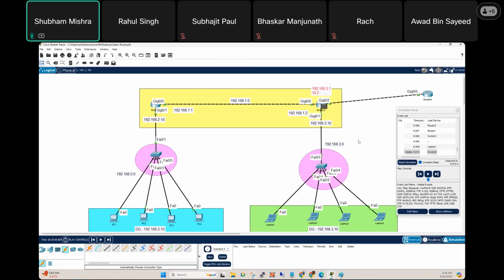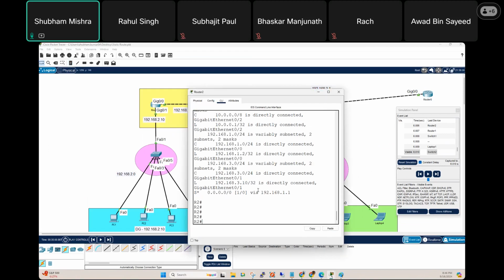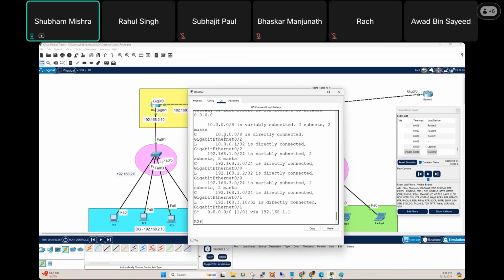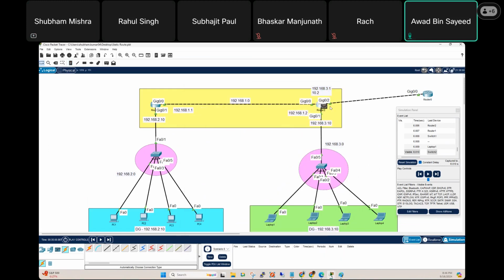Fine. What will this router do? This router will check whether 10.0.0.2 is present in its routing table, yes or no. So with show ip route, this router will find that the 10.0.0.0 network is connected by which interface? Gig 0/2. It means this router forwards this packet through this interface.